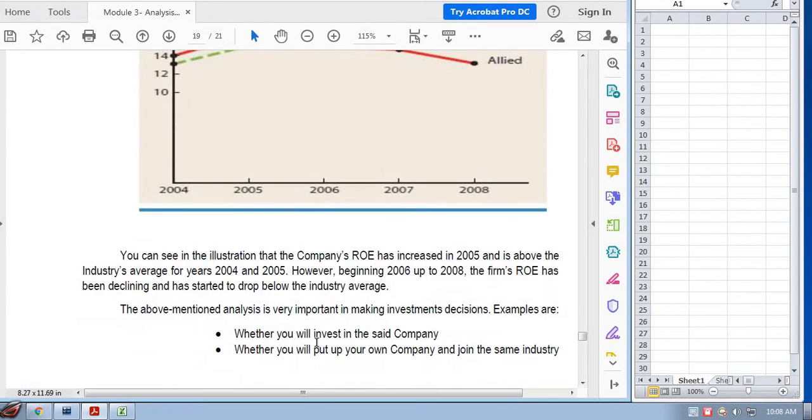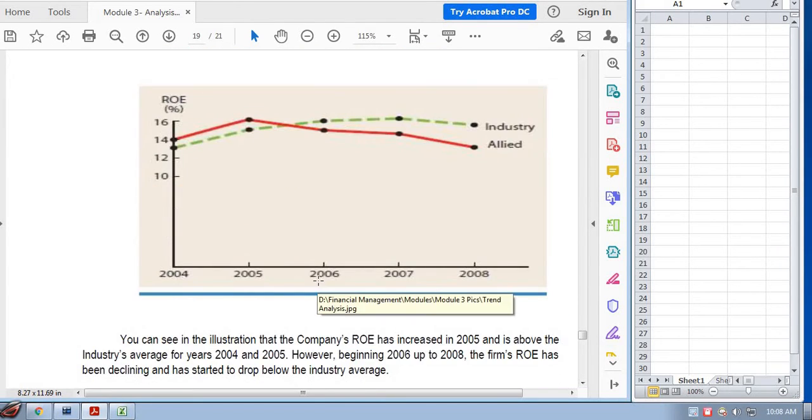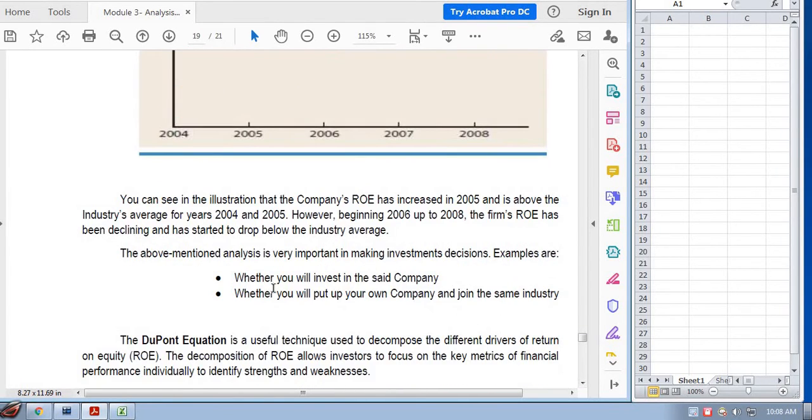So what decisions can we make when we analyze financial data through the years using trend analysis? Among others, you can use this to decide whether you will invest in the said company or not, and whether you will put up your own company and join the same industry.